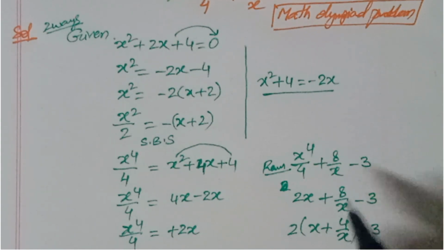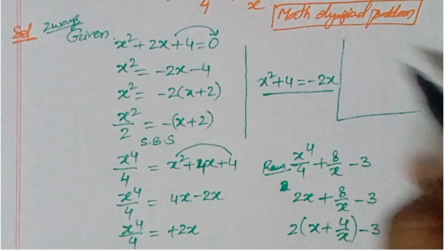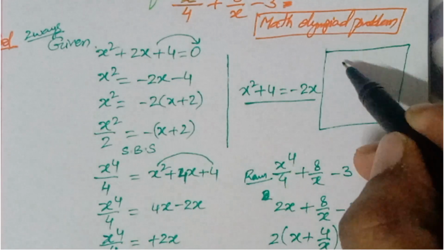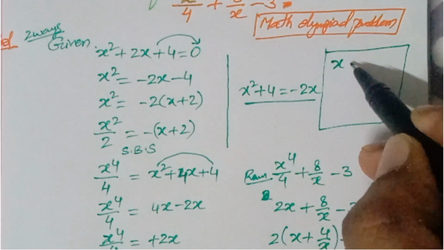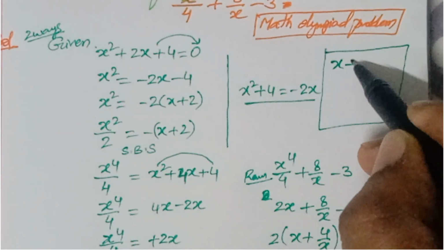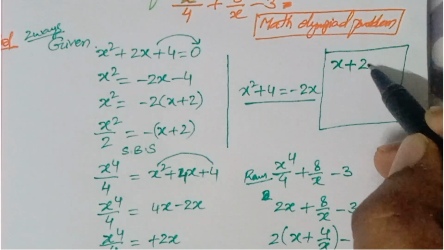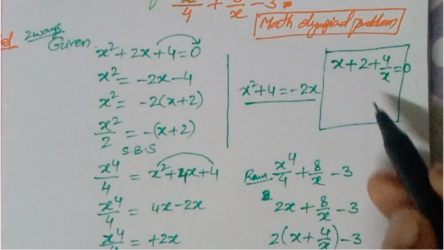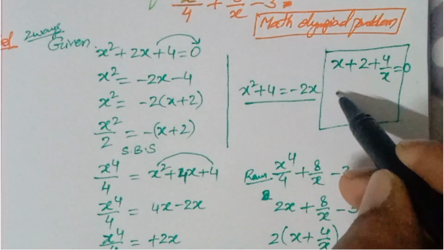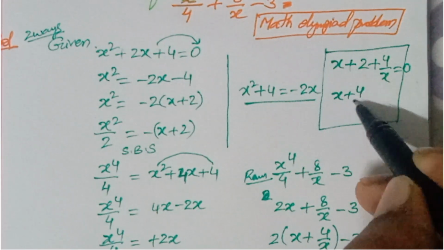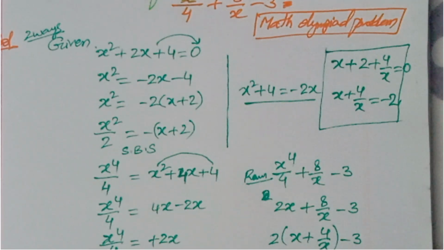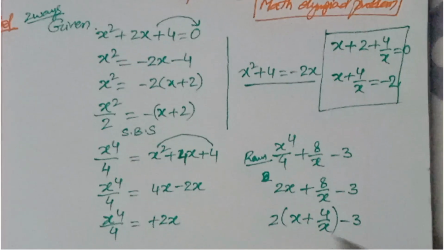From the given question you can write, dividing by x, x plus 2 plus 4 by x is equal to 0. So x plus 4 by x is equal to minus 2.